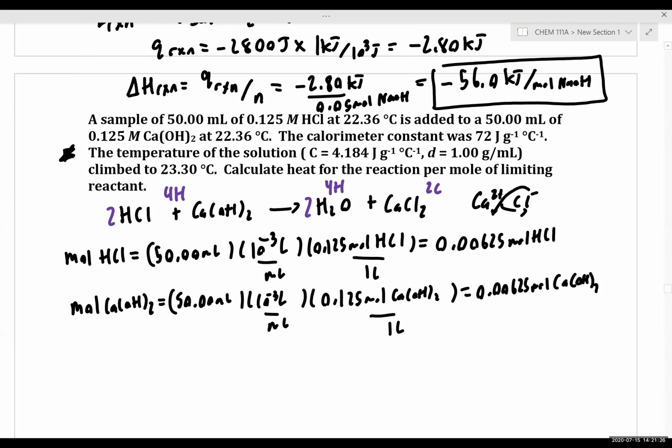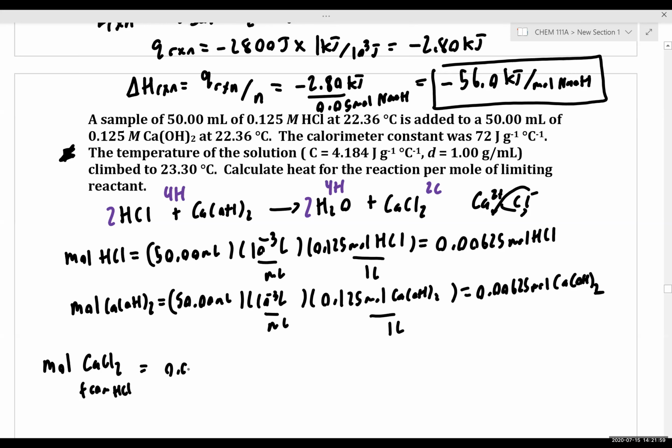Now, just to check to make sure, do we have enough information right now to identify our limiting reactant? No, we don't. Limiting reactants aren't just based on the number of moles, they're based on the stoichiometry. That's exactly right. It's always important that we're being attentive of these facts. So now the moles of, let's do calcium chloride from hydrochloric acid.